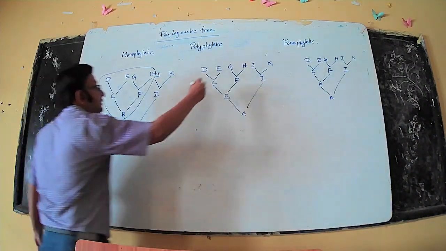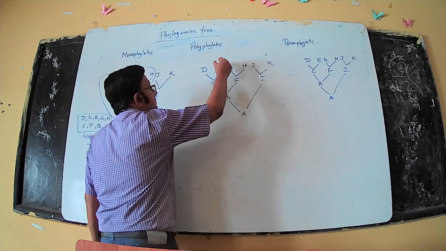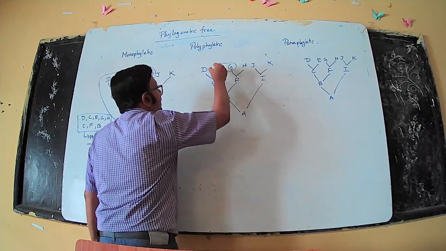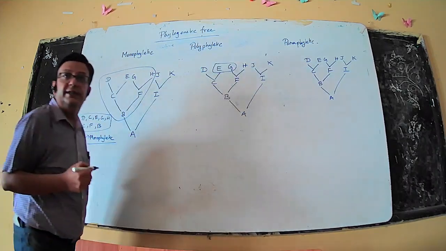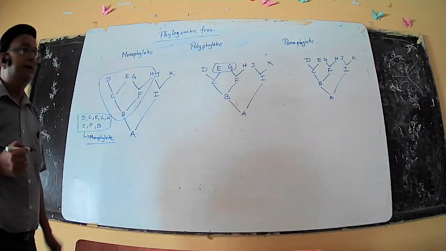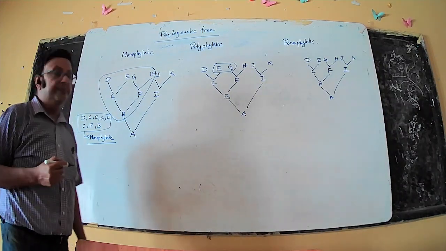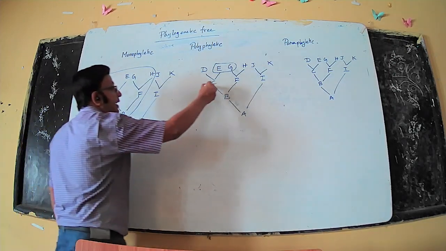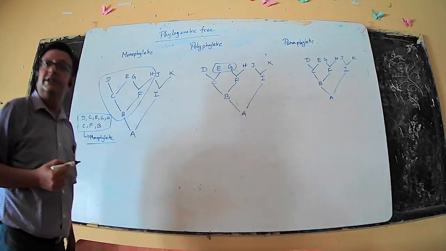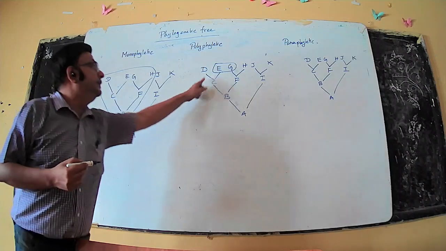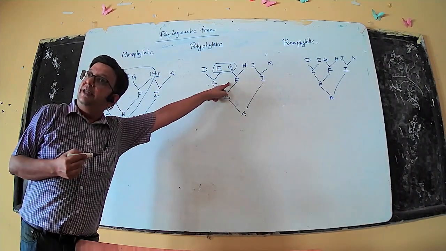But when you are only considering E and G, only E and G, both of them have got two different origins, ancestors. One is C and one is F. ঠিক আছে?